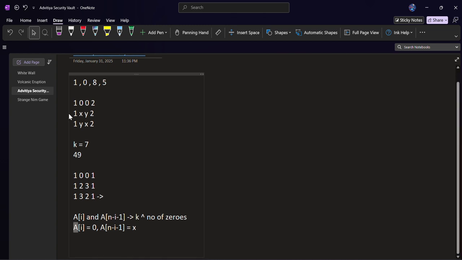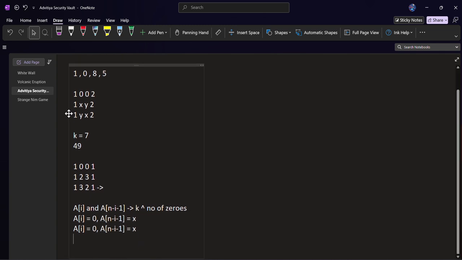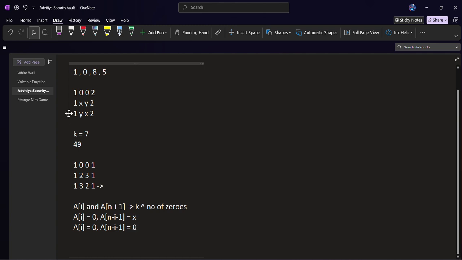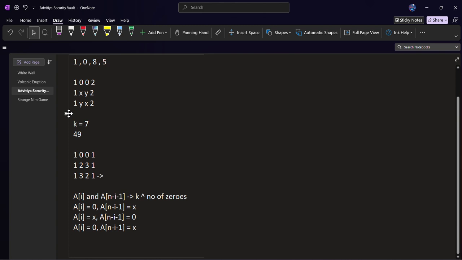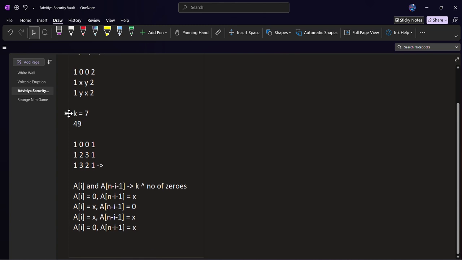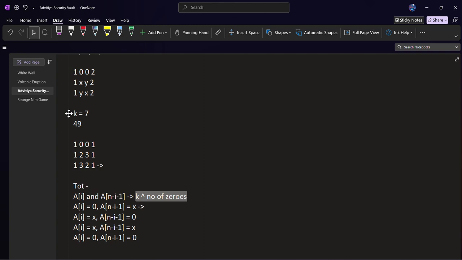The second one is 0 and x the other way around. The third one is x and x, and the fourth one is both are 0. Now in this case, first we find the total maximum possible answer, which is k raised to the power of the number of zeros.